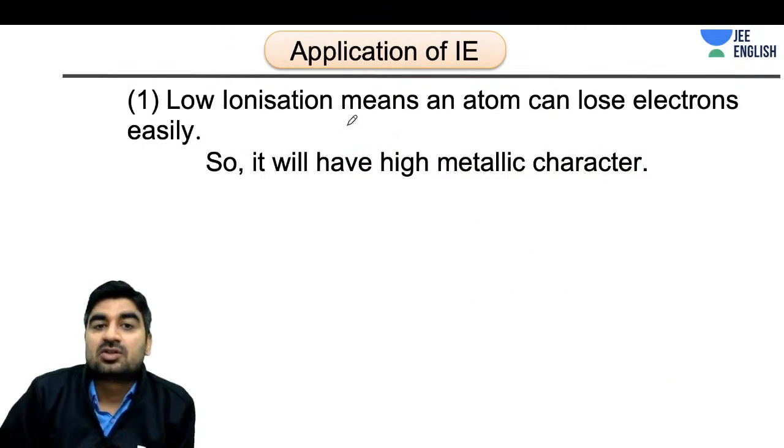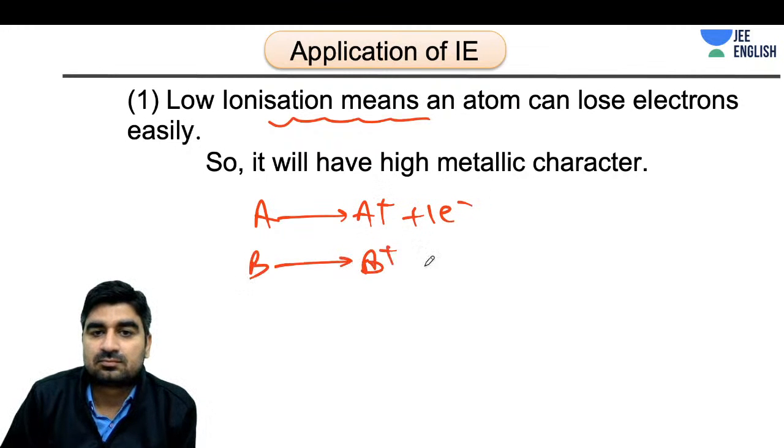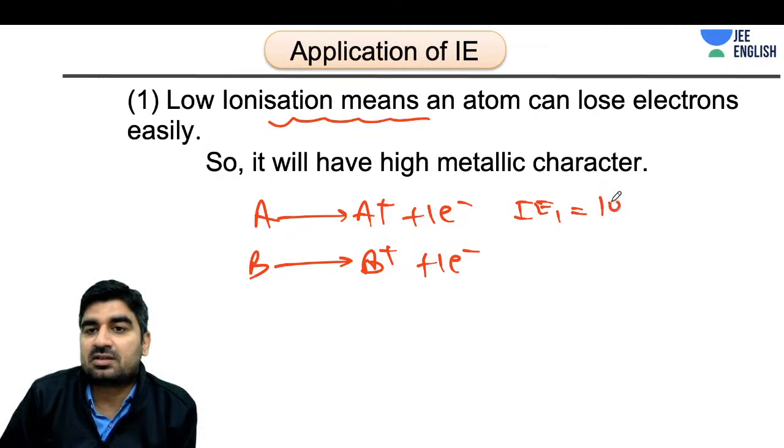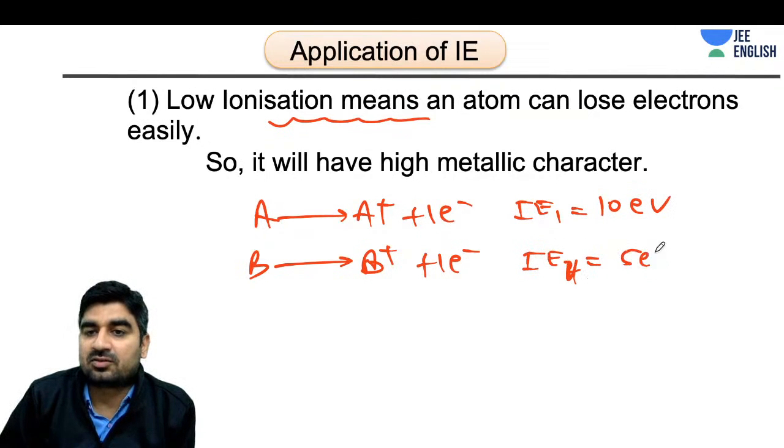Let's move. What do you mean by low ionization energy? Suppose A and we have B. Suppose A's ionization energy is 10 electron volt and B's ionization energy is 5 electron volt.